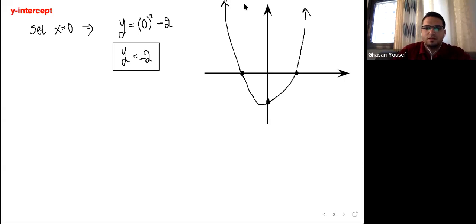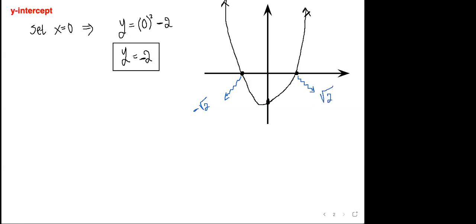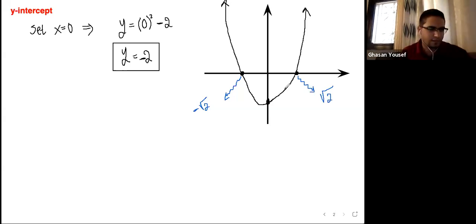Something like this. So for the x-intercept, where does the graph intersect the x-axis? The graph intersects the x-axis at this point, minus square root of 2, and also this point, the positive square root of 2. So the graph intersects the x-axis at 2 points.